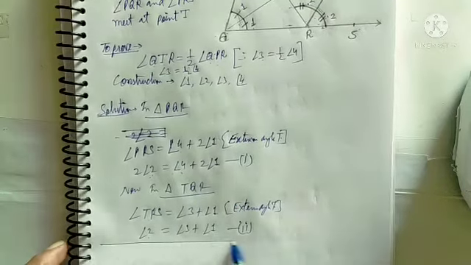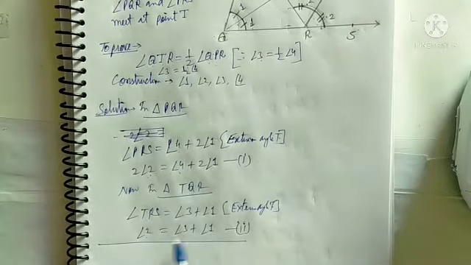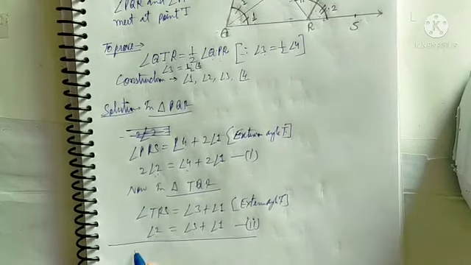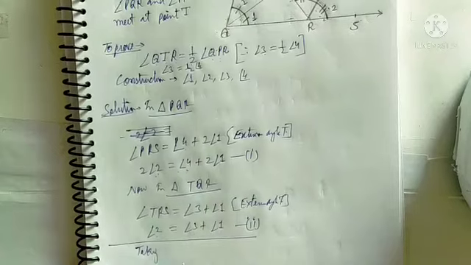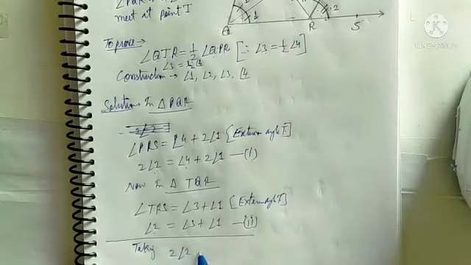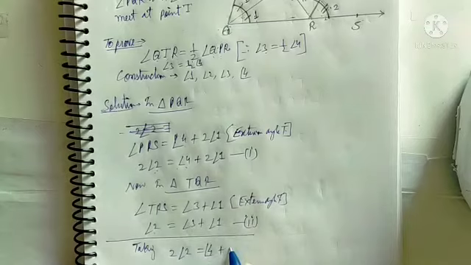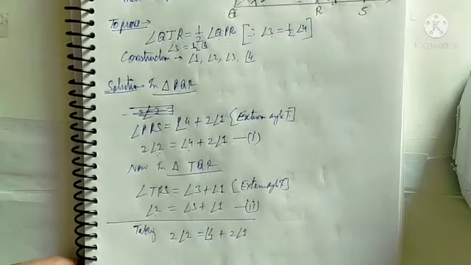Simple. First of all, you should transpose. Twice of angle 2 is equal to angle 4 plus twice of angle 1. This we have taken.